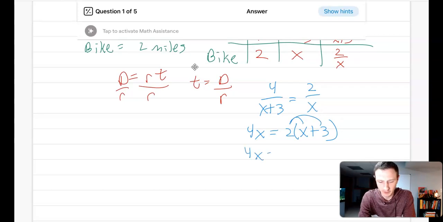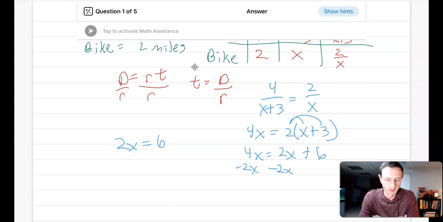So 4x equals 2x plus, oh sorry, plus 6. I'm like, wait, something's not looking right here. Plus 6, 2 times 3 is 6. Subtract 2x, so we get 2x equals 6. Divide by 2, x equals 3.